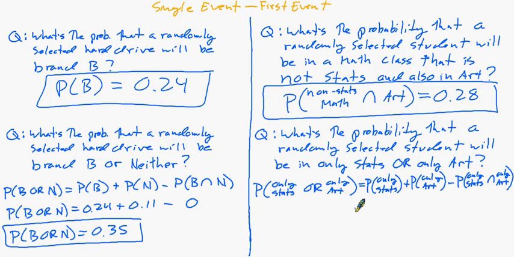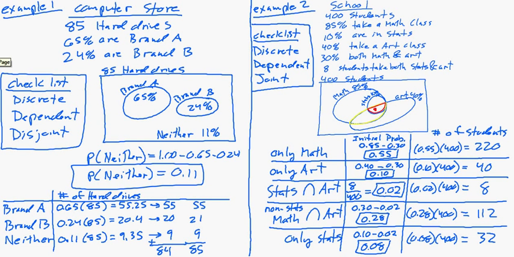And then we could refer back to our Venn diagram, back over here. And we can start looking and say, well, here's our only stats, right? And we figured out down here that 8% are in only stats.